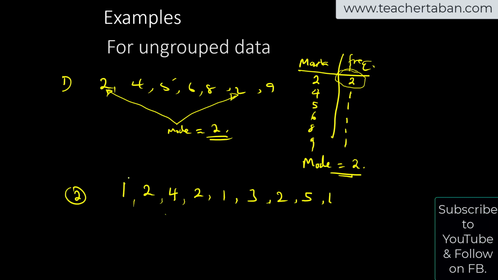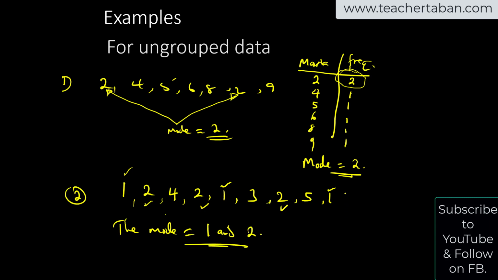Number 1 is appearing 1, 2, 3 times. Number 2 is appearing 1, 2, 3 times. In this case, how do we state the mode? You can simply say that the mode is equal to 1 and 2. In other words, we have two modes.